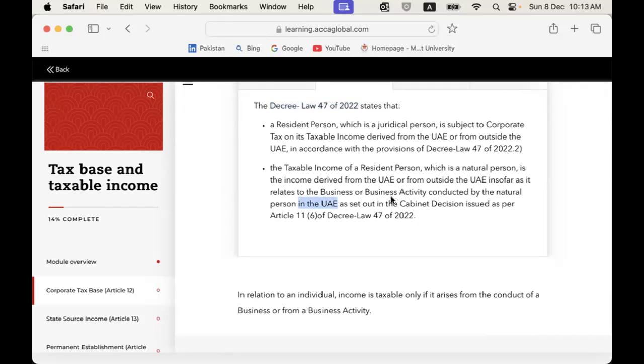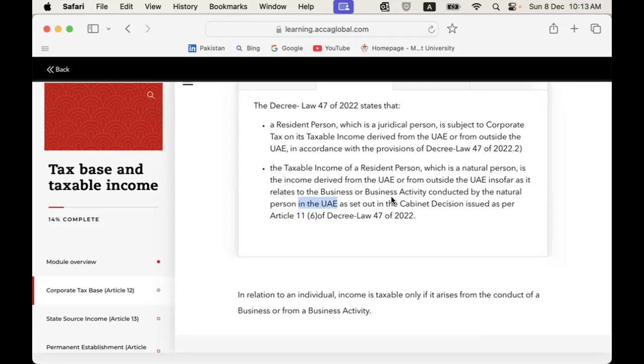It is for natural persons, their UAE income is by default taxable. But what about their foreign income? The example is, let's say you are natural persons. You started a business in UAE, and then you exported, for example, goods or services. The customer is not sitting here in UAE, it is export income, but that will be taxable in UAE.